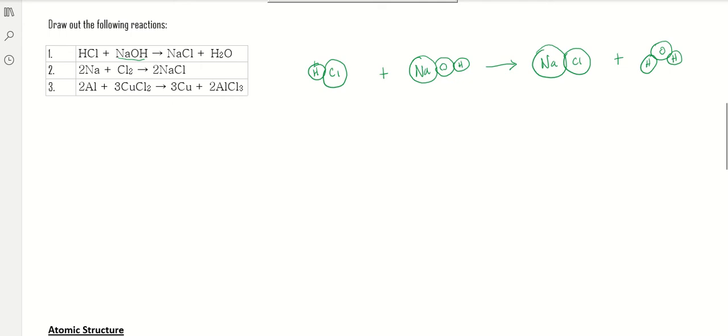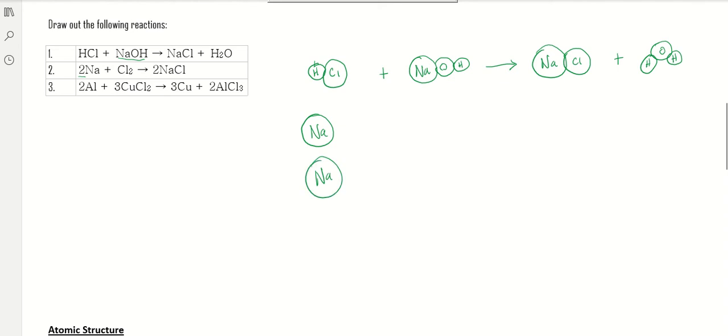So for number 2, we add in the coefficients. Our ratio for number 1 was 1 to 1 to 1 to 1, so we didn't have to worry about those. But what happens when you have two different compounds? So here, Na, notice it's not Na subscript 2. Na subscript 2 is different from having a coefficient of 2. If we have a coefficient of 2, that means we just have two Na atoms like that.